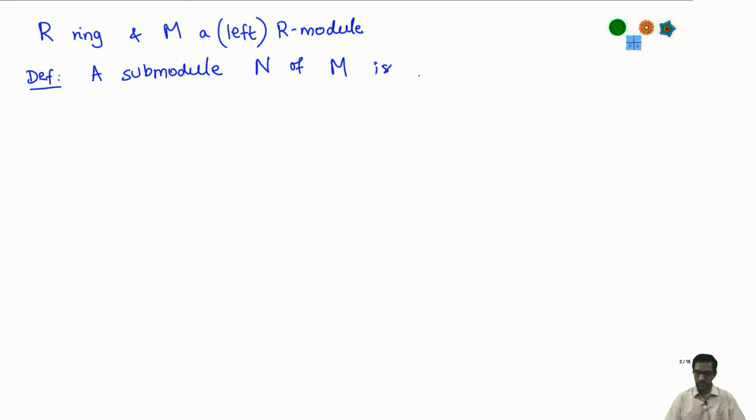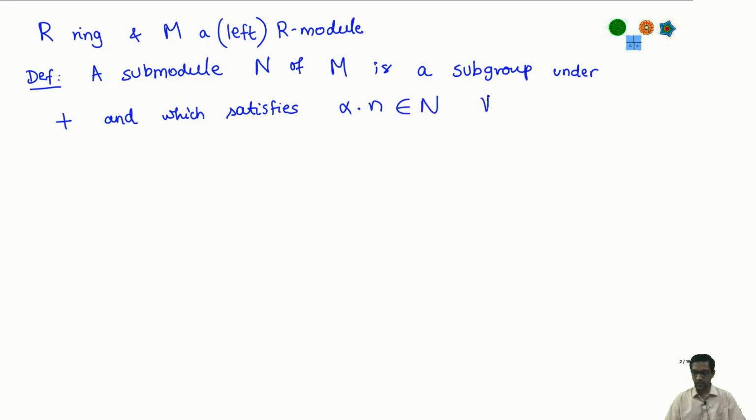Firstly, it is a subgroup under the addition operation, and it satisfies the following property, that it's closed under scalar multiplication: alpha dot n belongs to N for all alpha in the ring R and for all elements n in the set N. In other words, the set N is closed under addition and scalar multiplication. So that's what a submodule is. It's a natural definition.